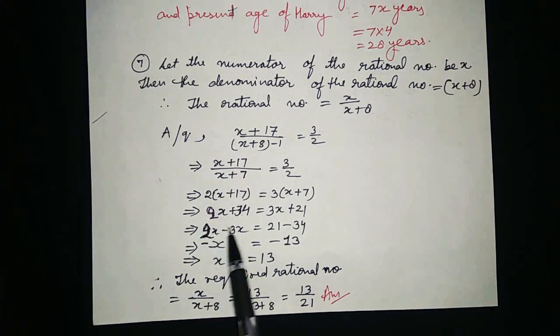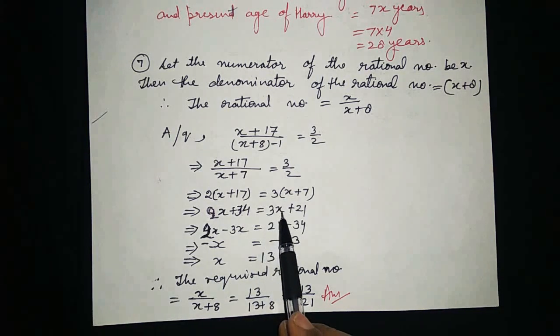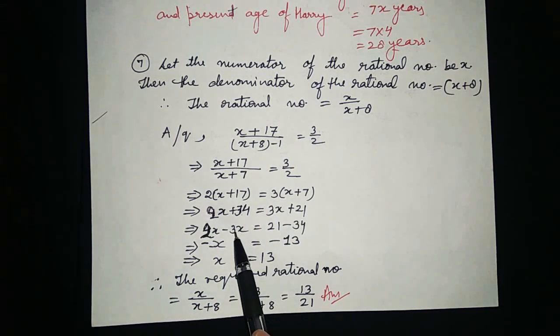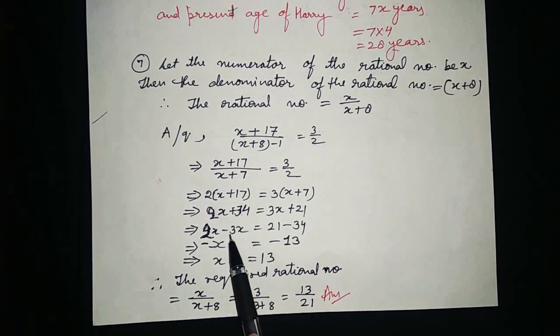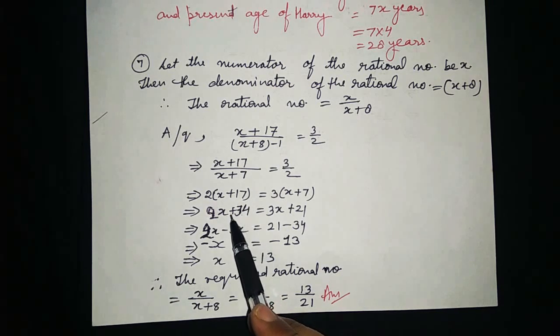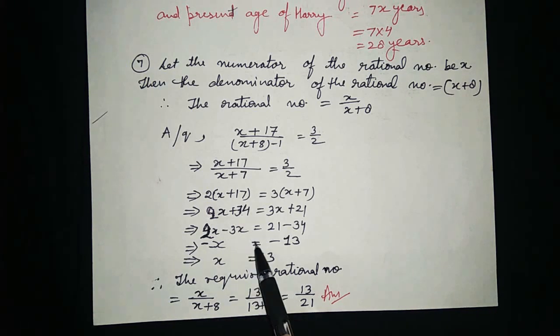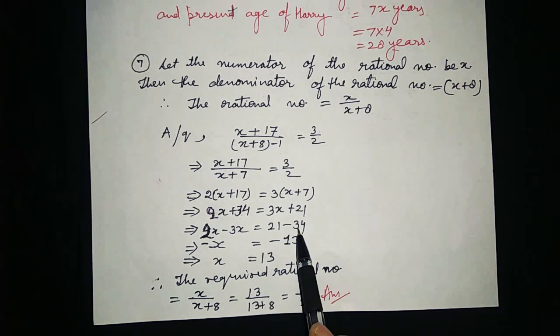Now plus 3x we will transpose from right hand side to left hand side, so this plus 3x will be minus 3x. And from the left hand side plus 34 we will transpose to the right hand side, so this plus 34 will be minus 34.